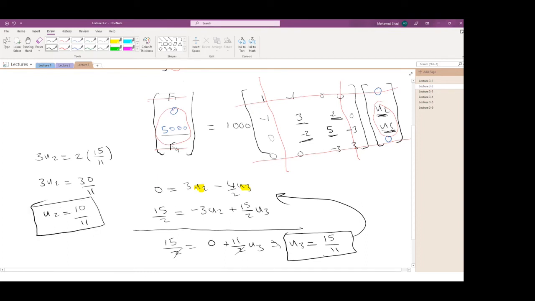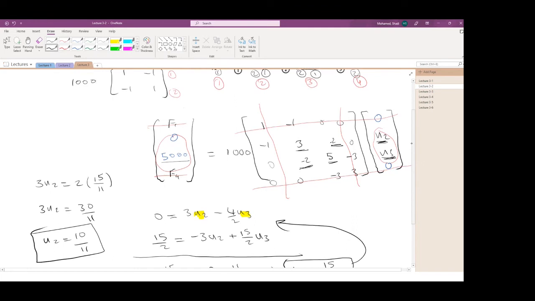Now, once I have solved for u2 and u3, I'll just bring them back into the original equation and get the values of the remaining unknowns. So I will now use the first equation. The first equation is f1 equal to 1000 multiplied by u1 minus u2, 0 u3, and 0 u4. So the only thing you have from the first equation is 0 multiplied with 1, which is 0, u2 multiplied with minus 1, and then you have 0 for the rest of it.